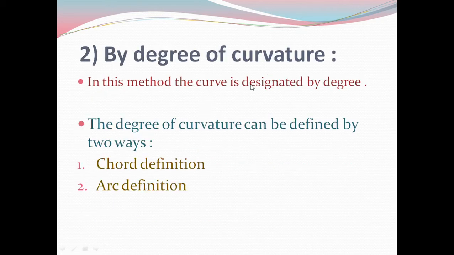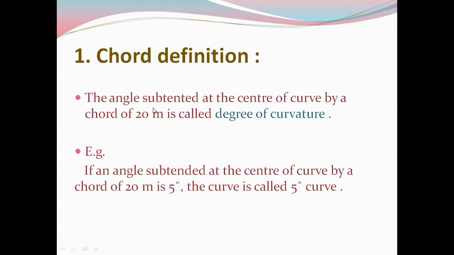By degree of curvature, the curve is designated by the degree. There are two definitions of degree of curvature: one is the chord definition and the second is the arc definition. First we will study the chord definition. The angle subtended at the center of the curve by a chord of 20 meter is called degree of curvature.